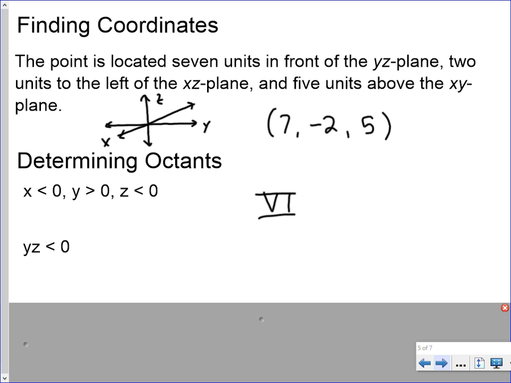The product of y and z is less than 0, so now what do you know about y and z? One of them's negative and one of them is positive. So you need to think about octants. Where is y positive and z is negative? Where is y negative and z is positive? Shout out your octant when you find one.